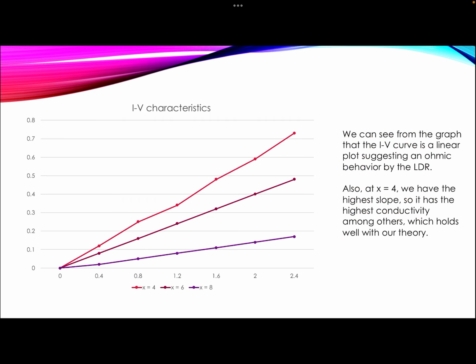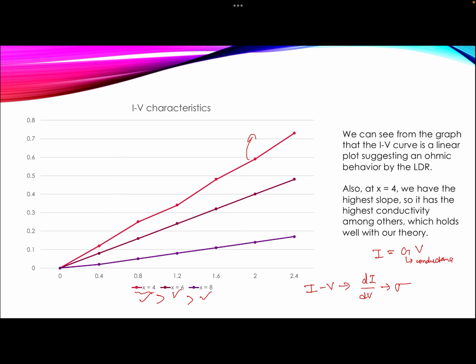As you can see, x equals 4 is represented by this graph. We can see that the slope for x equals 4 is greater than the slope for x equals 6, which is greater than the slope for x equals 8. The slope of the IV graph basically gives you a measure of the conductivity, because I equals G times V, where G is the conductance.